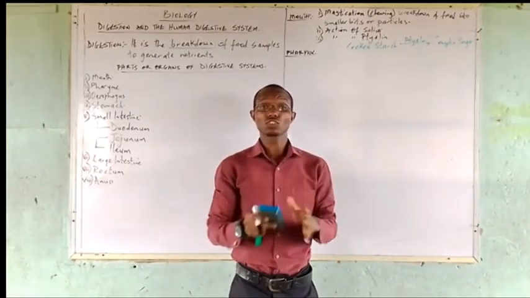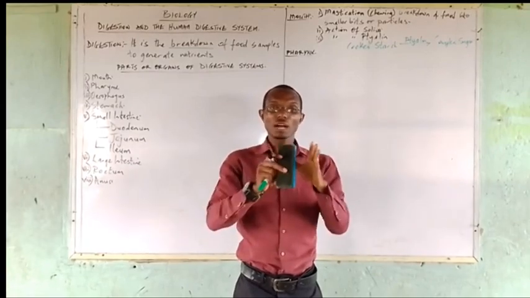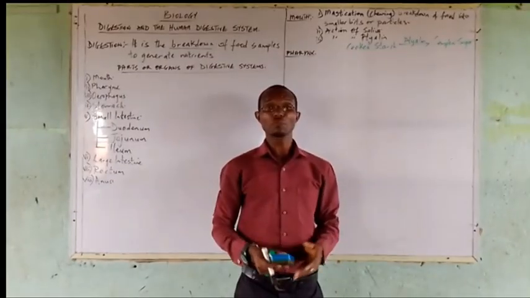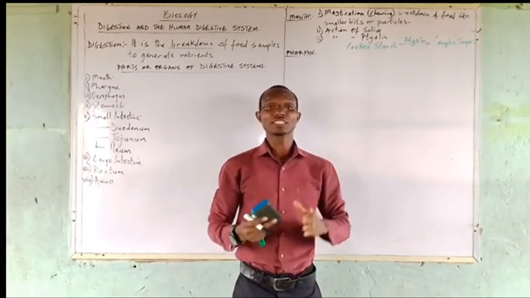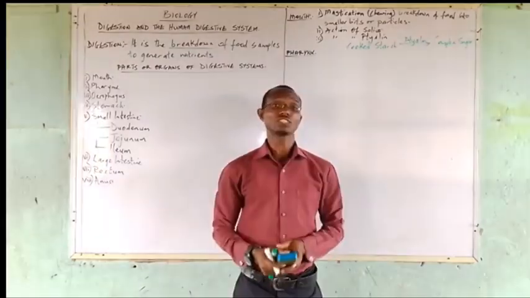Now, at this junction called the pharynx, there is a mechanism controlled by a substance called the epiglottis. The epiglottis is a flap that can flip either to cover the esophagus or to cover the trachea.